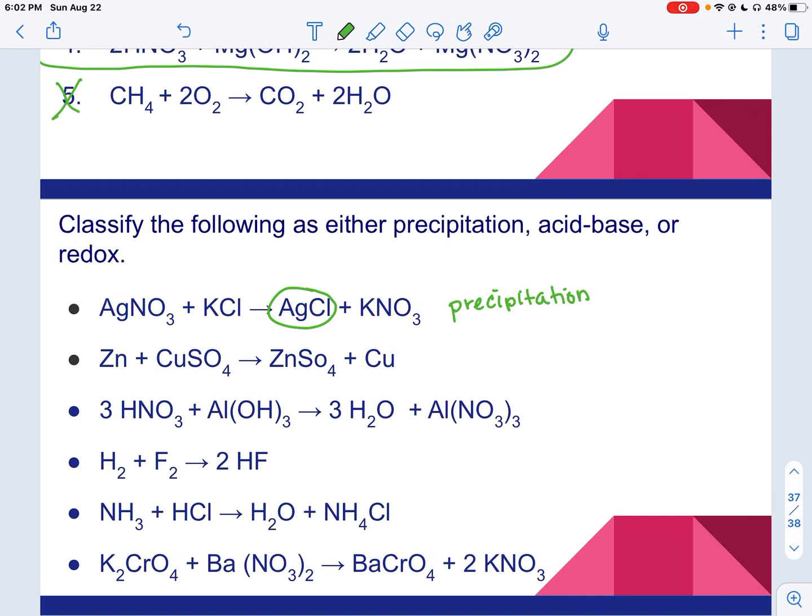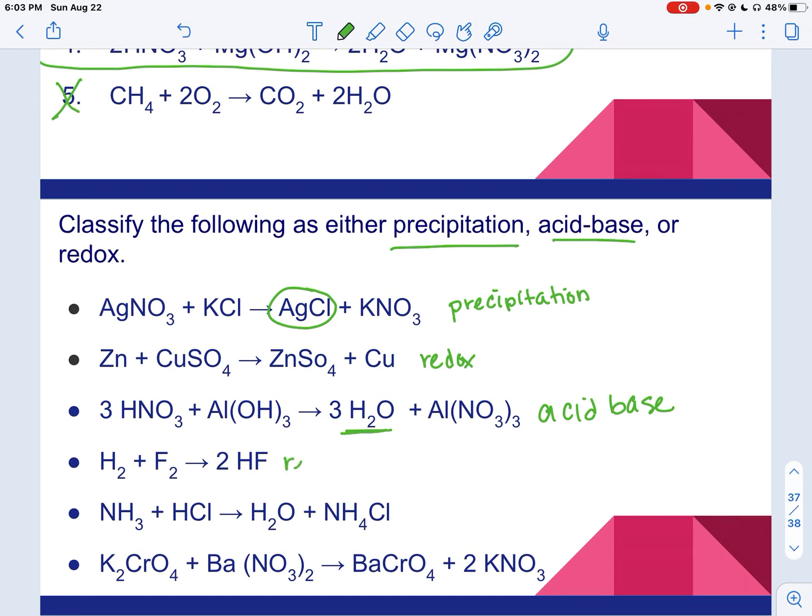This one is redox because it's single replacement. So remember, precipitation and acid-base are double replacement. They're different breeds of double replacement. Okay? So the next one is acid-base because it has water as a product.